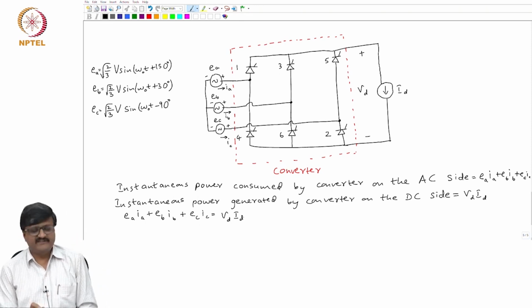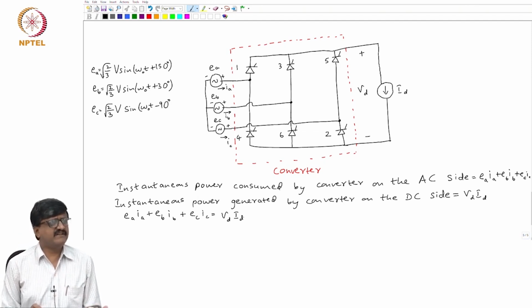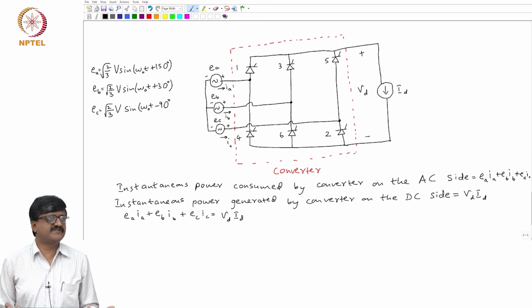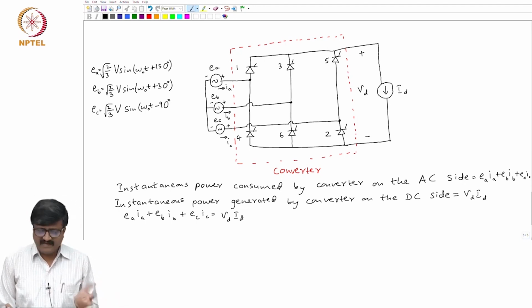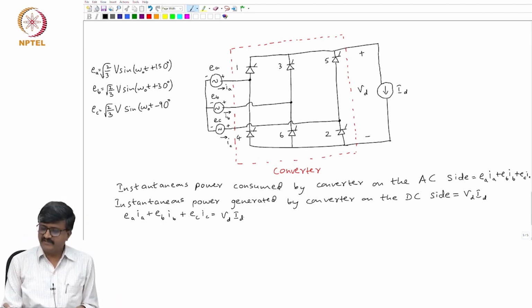Now, when I equate these two powers on the AC and DC sides, I can also say that the average values of these are the same. See, when two instantaneous quantities are the same, their average values are obviously the same. Now, what is the average value of the instantaneous power which is consumed by the converter on the AC side?